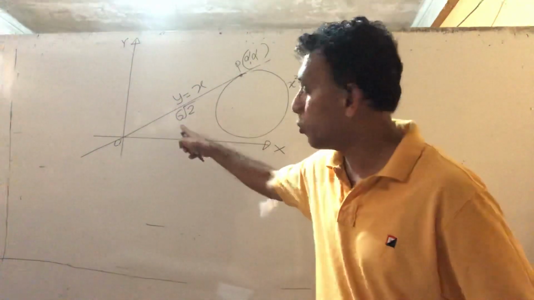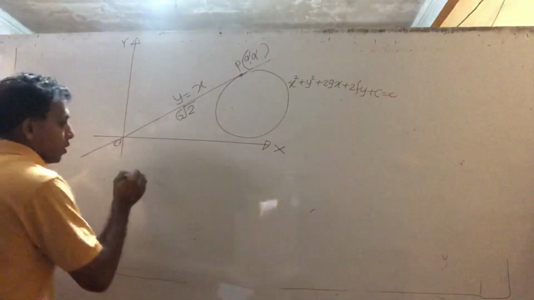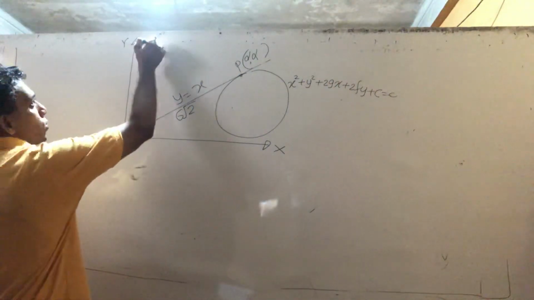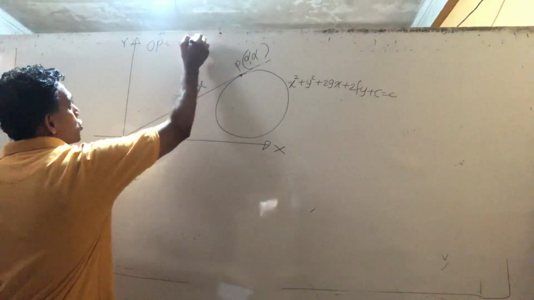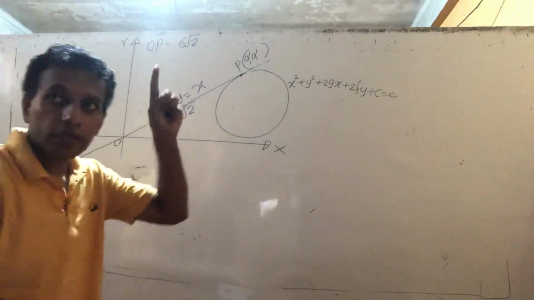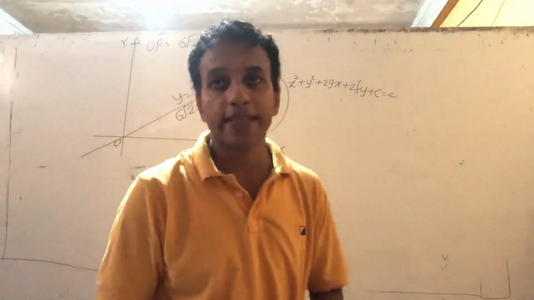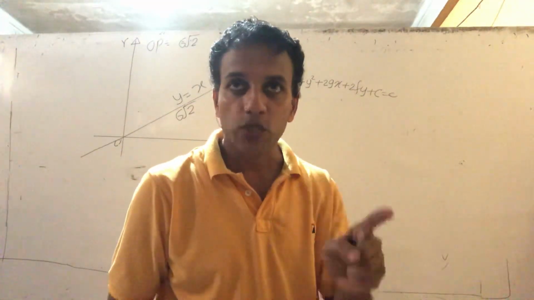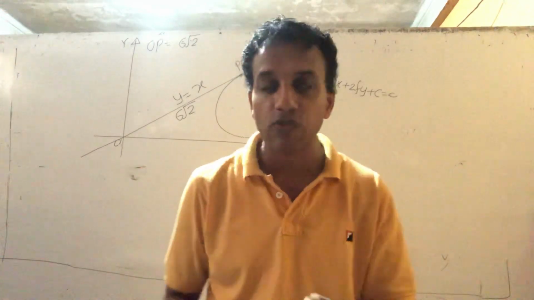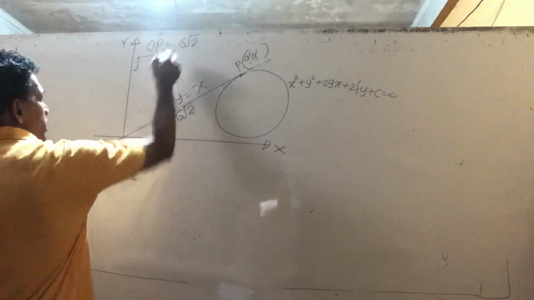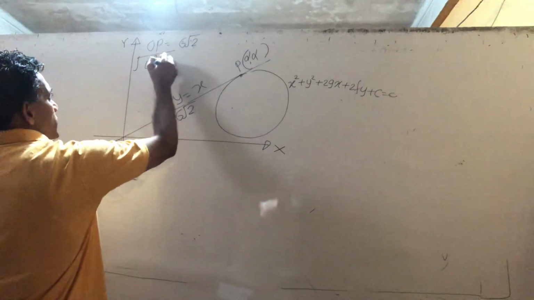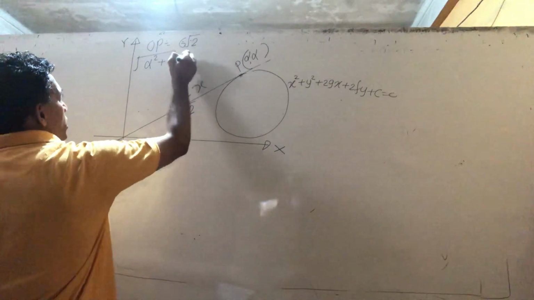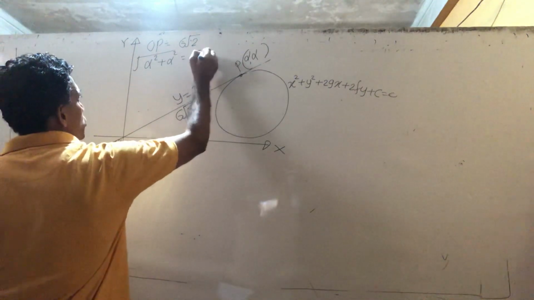Distance theory, OP is given. OP equals 6 times root 2. What is the length theory? Square root of x1 minus x2 squared plus y1 minus y2 squared. Therefore, straightaway, square root of alpha squared plus alpha squared equals 6 into root 2.